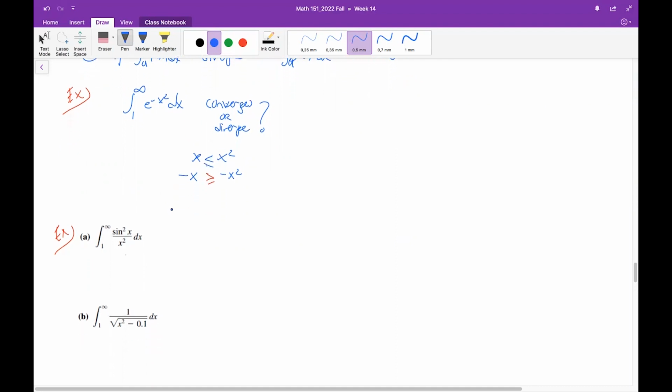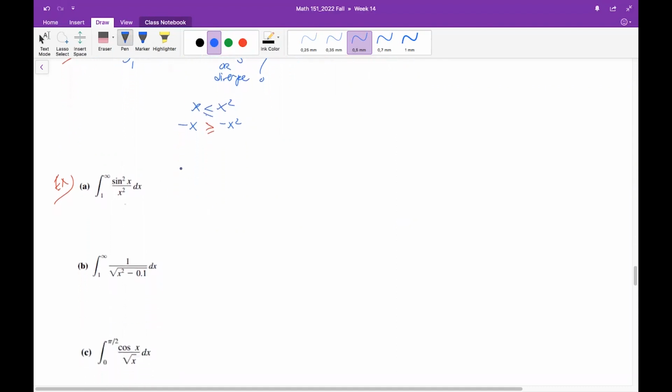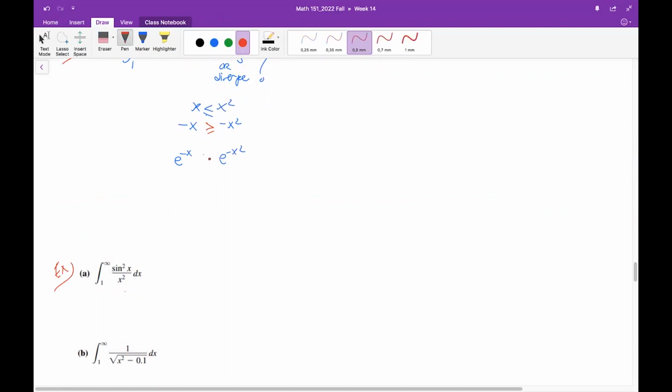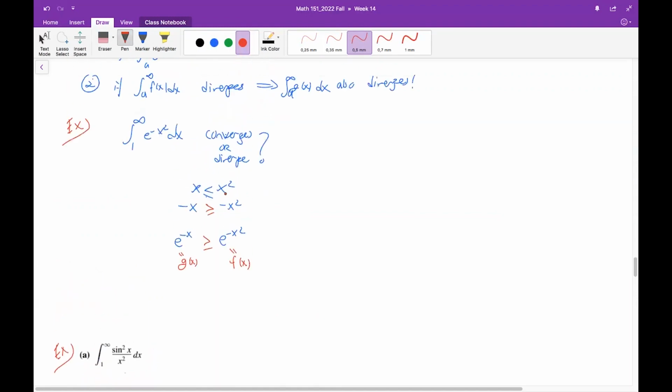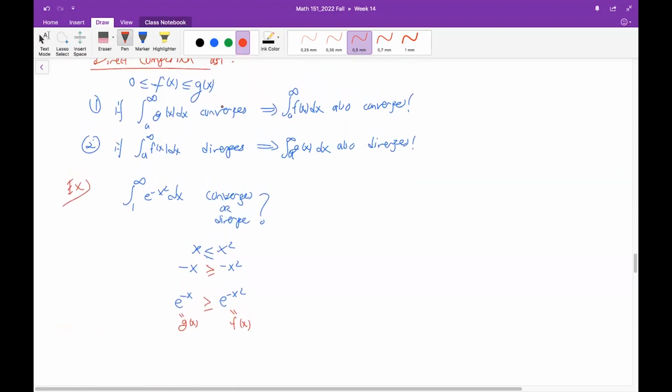Next, if I put minus x and minus x squared as the exponent of the exponential function, this inequality should be preserved. So this is our g of x and this is our f of x, to be used in the direct comparison test.